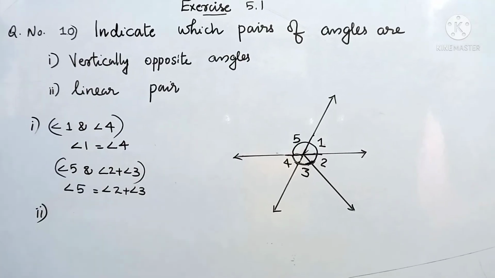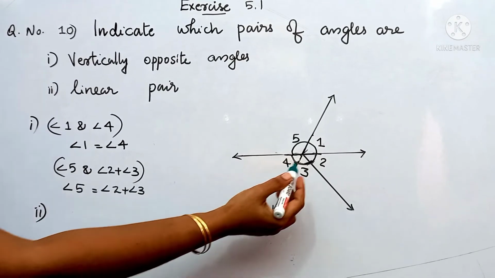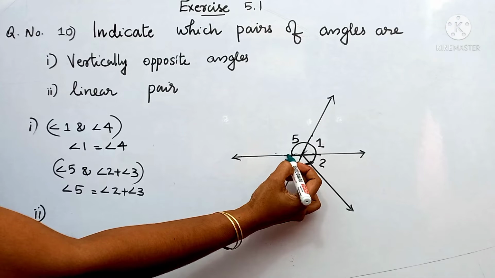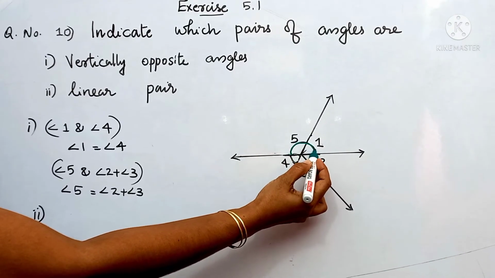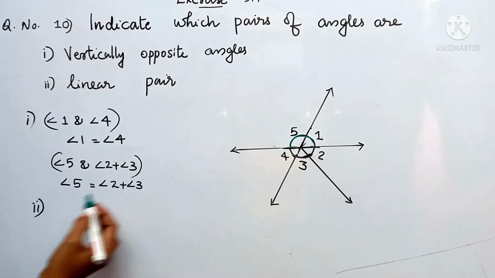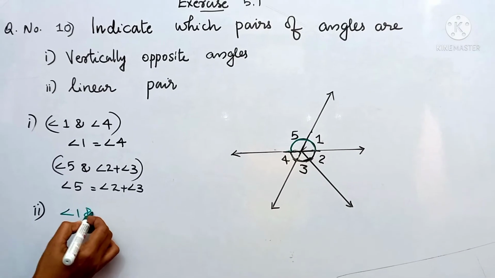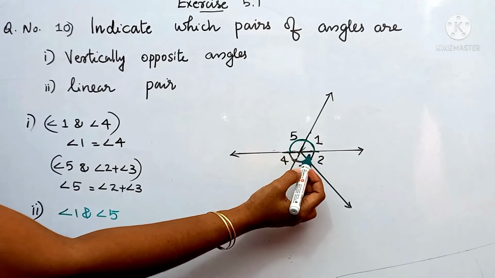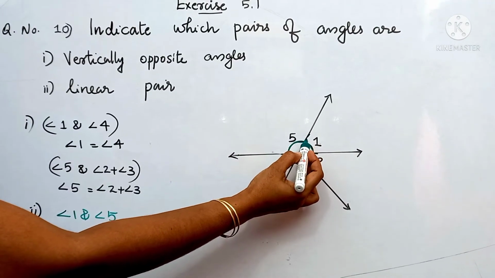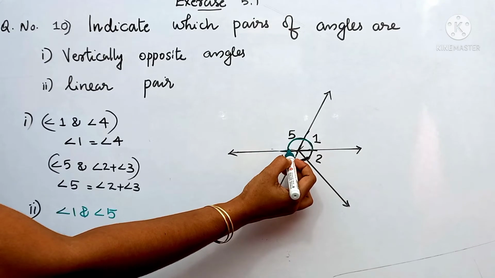Next is linear pair, and observe this figure. We can see this straight line here, and see this 1 and 5 on the straight line. So angle 1 and angle 5 are linear pairs. And see here another one, we can see this 4 and 5.